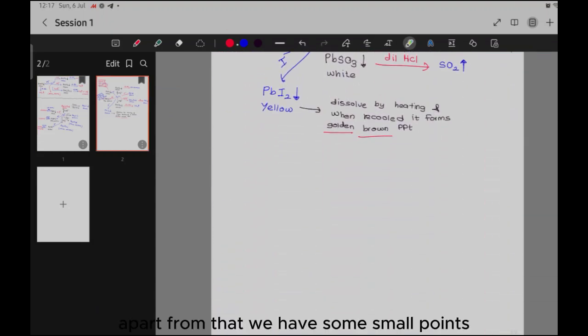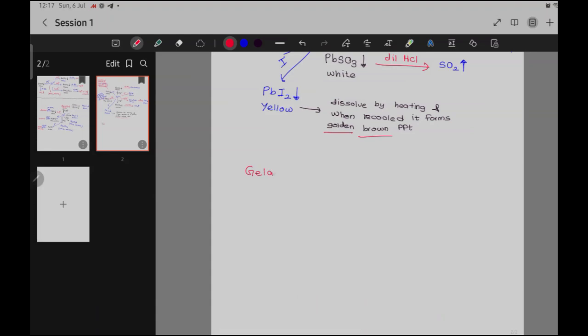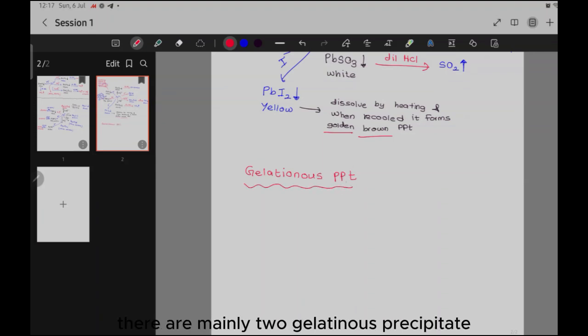Apart from that, we have some small points. Gelatinous precipitate. If you have done past papers, you might have come across this word, gelatinous precipitate. There are mainly two gelatinous precipitates in our syllabus.